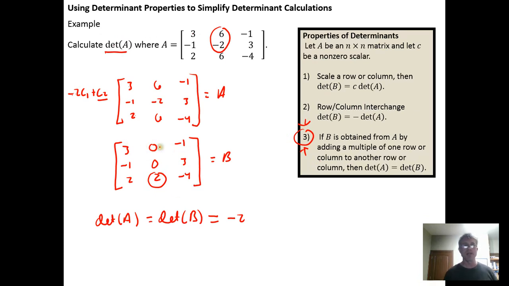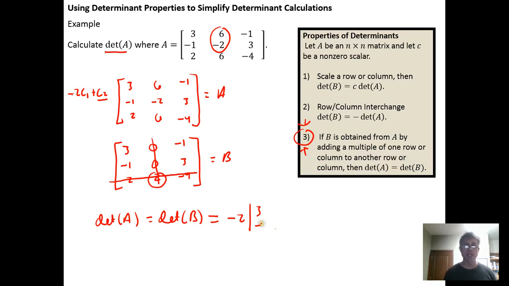Then it'll be negative 2 times the row 3 column 2 minor. Remember, the minor is just the determinant of the matrix we get when we strike out row 3 and column 2.